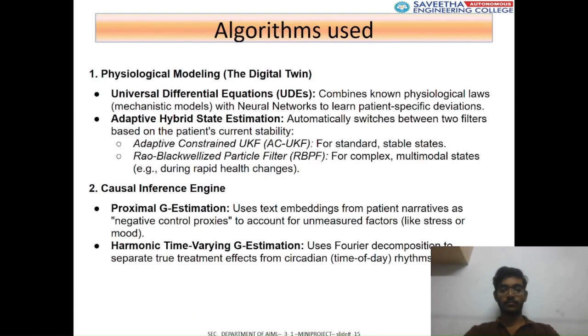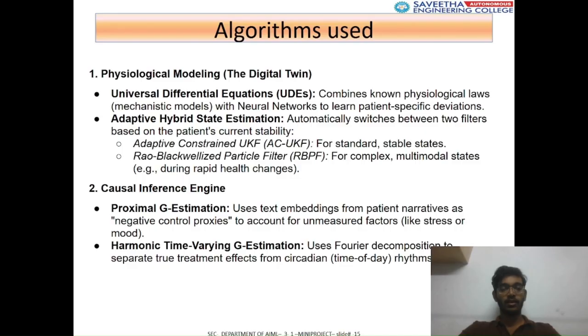Coming to the algorithmic part, we used several algorithms in this architecture. The first thing involves physiological modeling, the digital twin. As discussed before, we propose a gray box architecture which involves two kinds of layers.